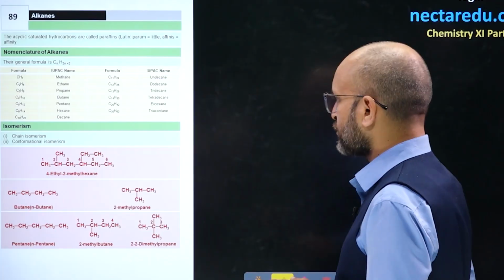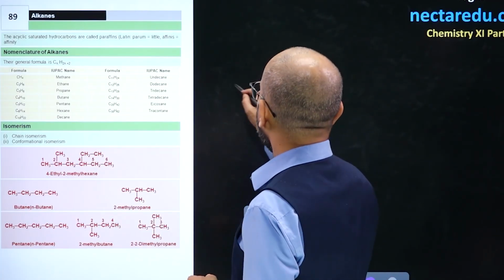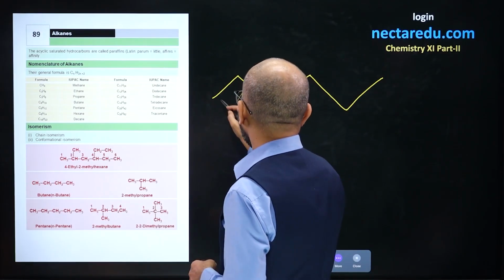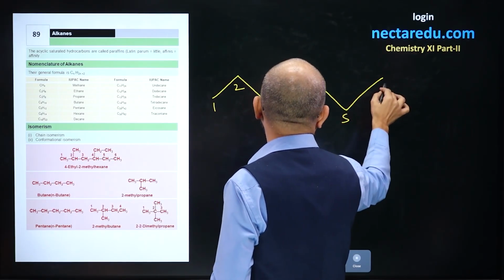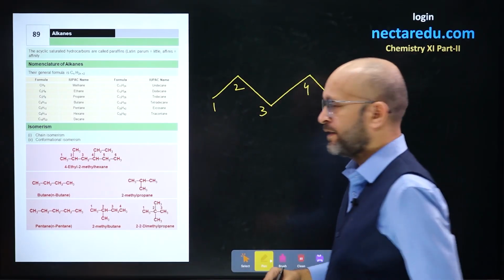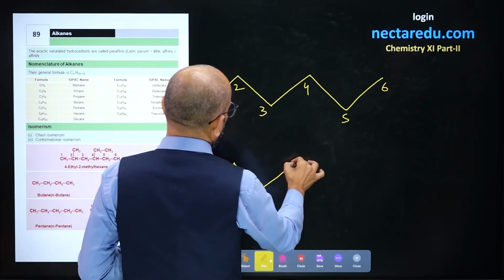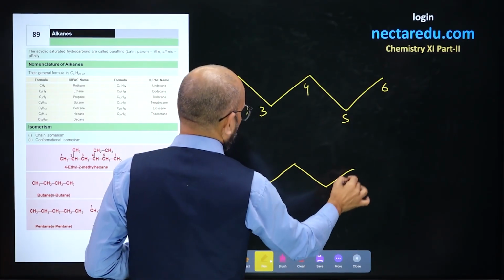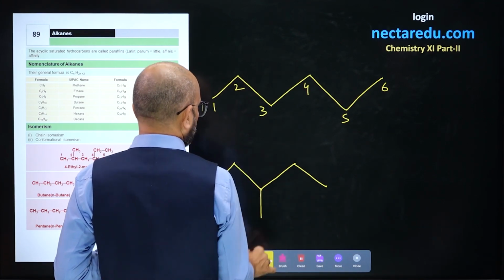Alright. So isomerism in alkanes, we can say, if we have a molecule like this, 1, 2, 3, 4, 5, 6. Alright. Now, if we have another molecule which is like this, 1, 2, 3, 4, 5, 6, and I remove this 6th atom and I place it here.